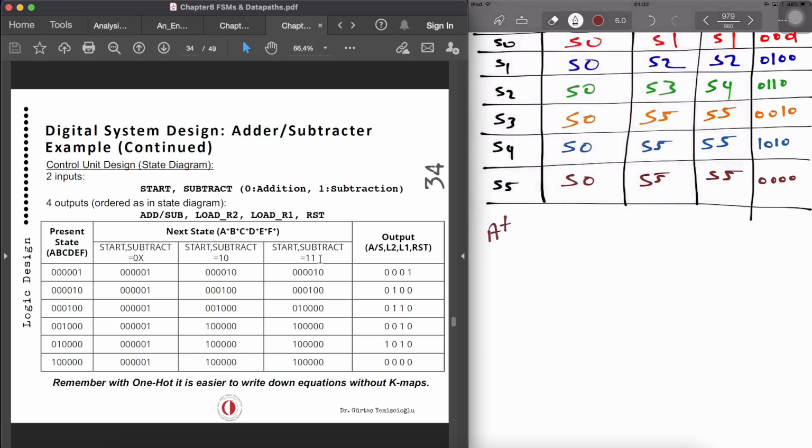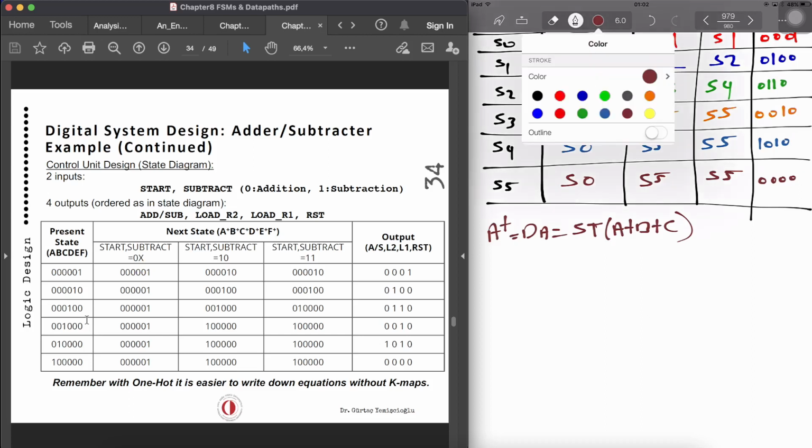So A plus DA: start is 1 in both cases, for S5 or flip-flop A, and we have A or B or C. So I can say start, A or B or C.